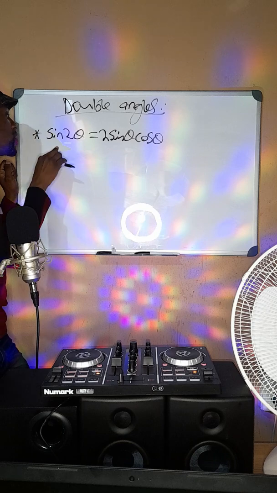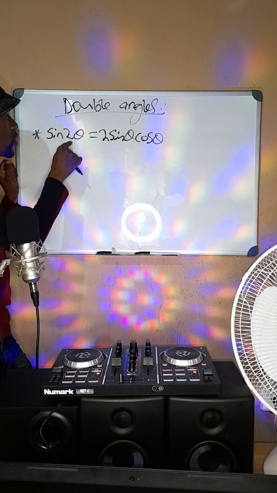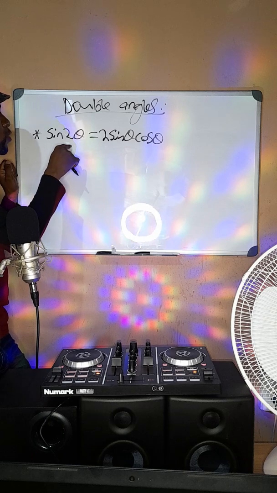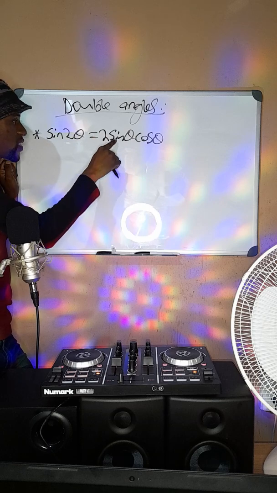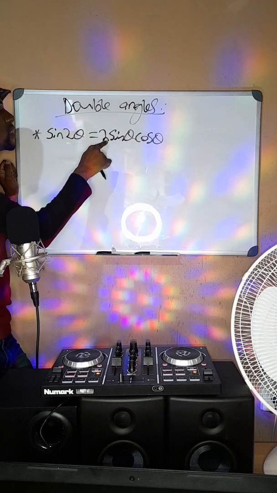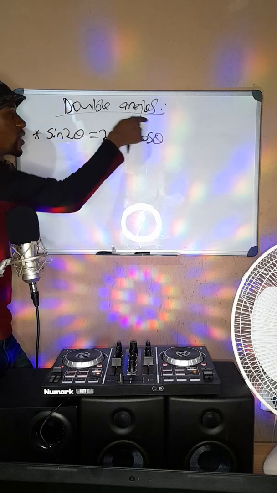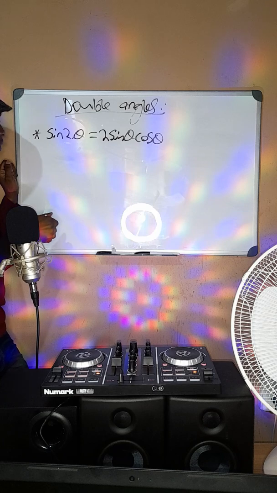But for now, we just have to know that whenever we come across the sine of 2 theta, or of an unknown angle, you can expand it to 2 sine theta multiplying the cosine of theta. Or if you are having the 2 sine of theta cos of theta, you can replace it with the sine of 2 theta there, okay?